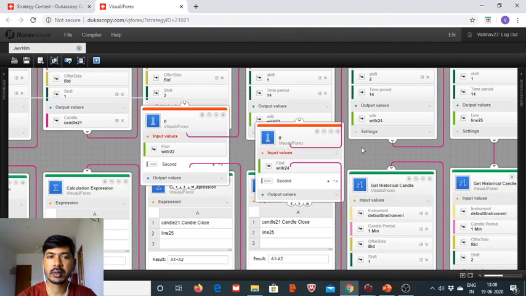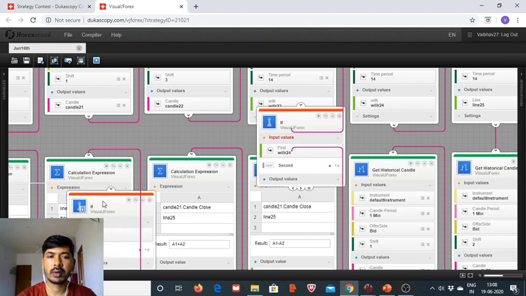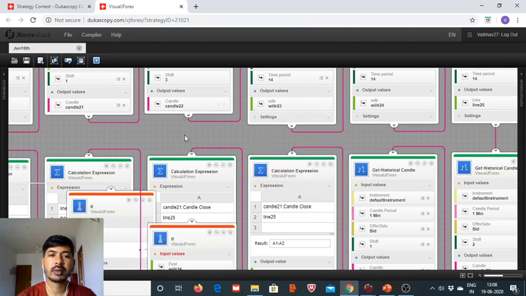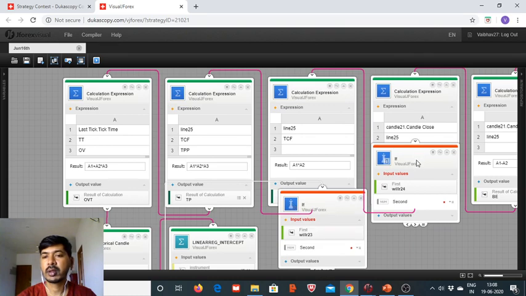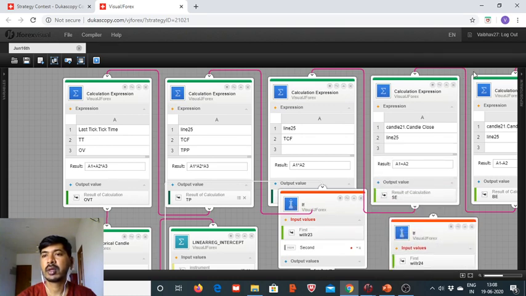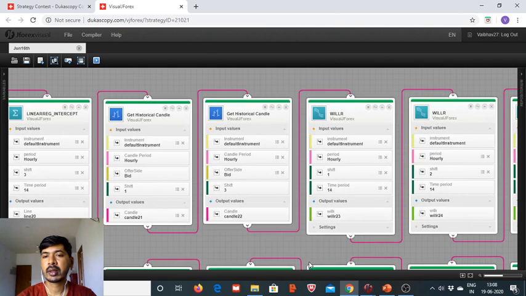and what we want is that Williams 23, which is having a look back period of 1, and Williams 24 shift 2.